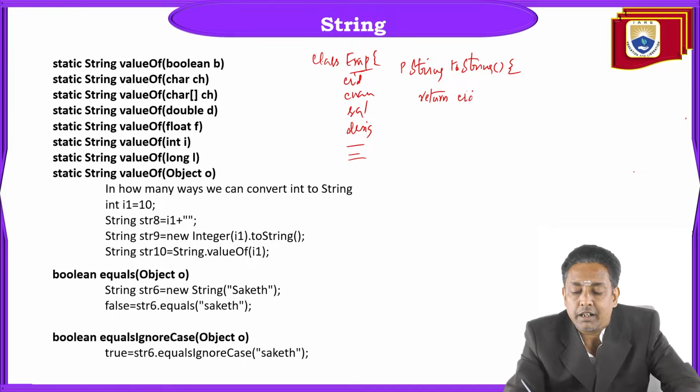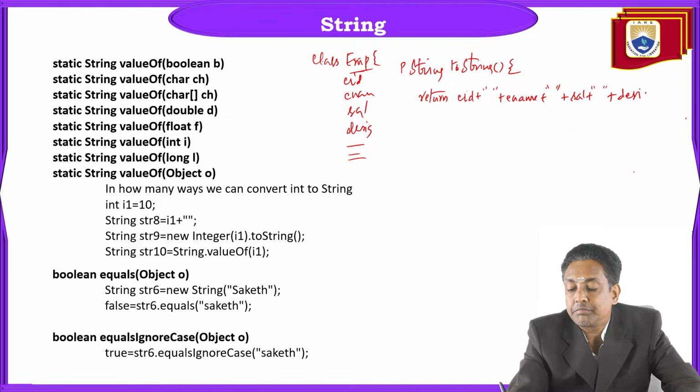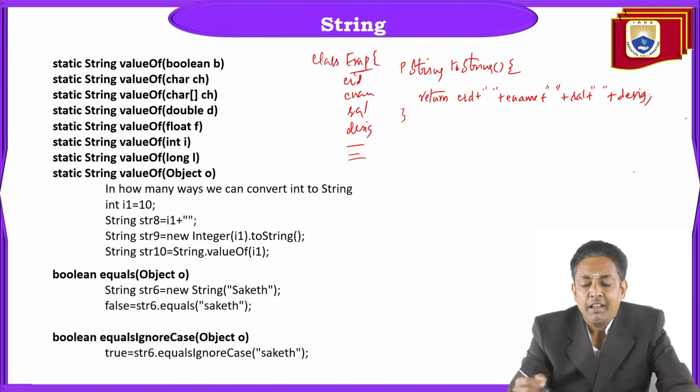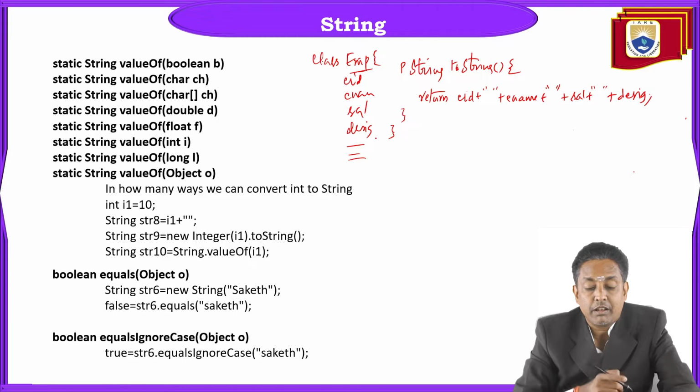Employee ID plus employee name plus salary plus designation. The toString method is like that. Equals and hashCode methods also we have tried. Class close.